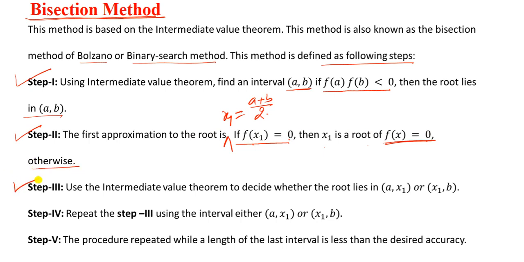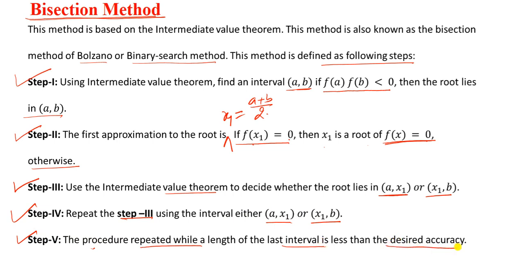Otherwise, go to step 3. Again, use the intermediate value theorem to decide whether the root lies in the interval [a, x1] or [x1, b]. Then in step 4, repeat step 3 using the interval either [a, x1] or [x1, b], and in step 5, the procedure is repeated until the length of the last interval is less than the desired accuracy.